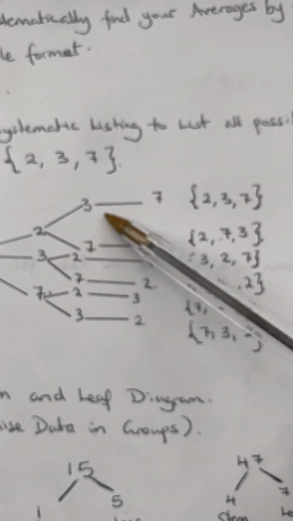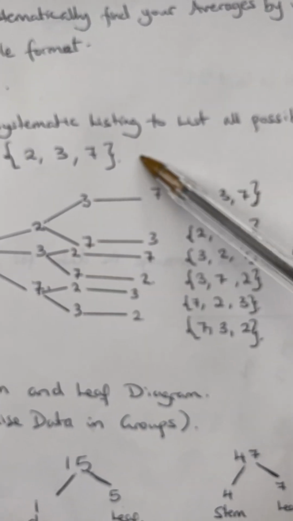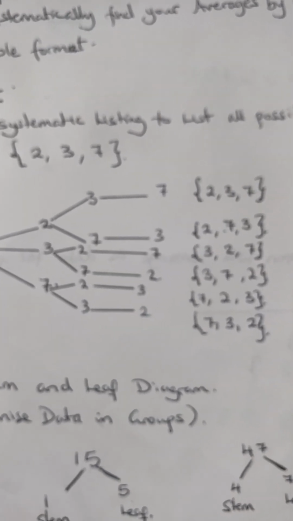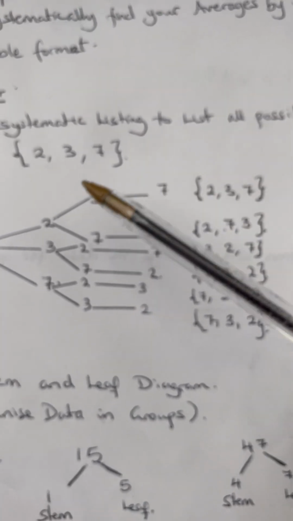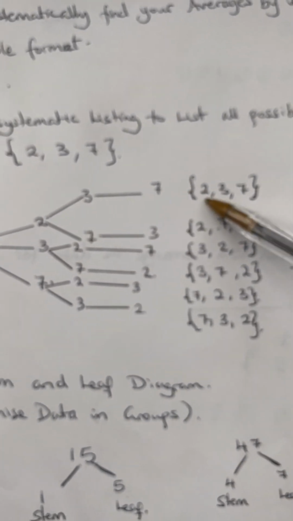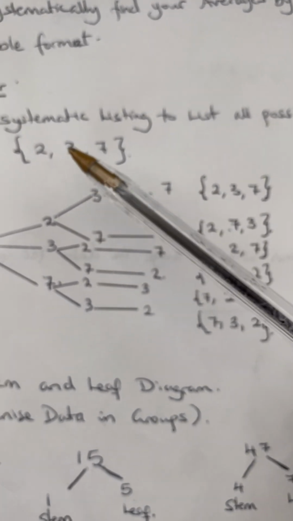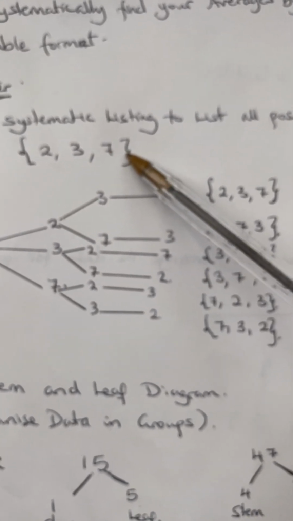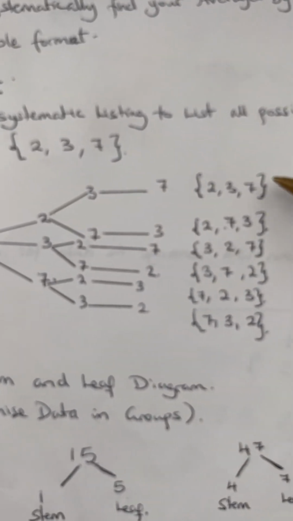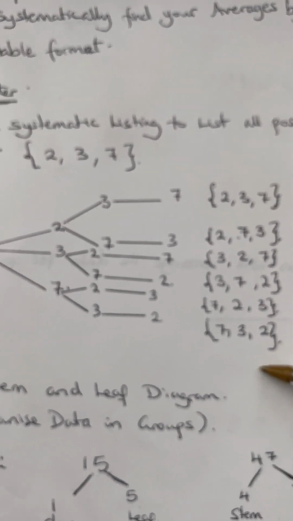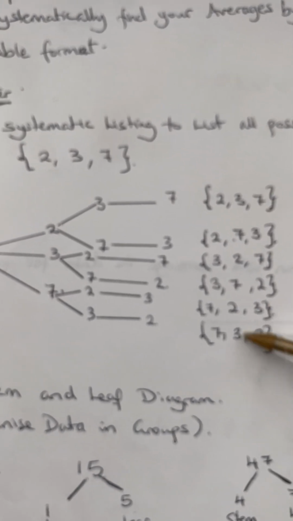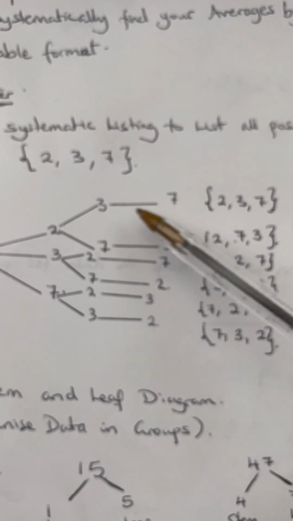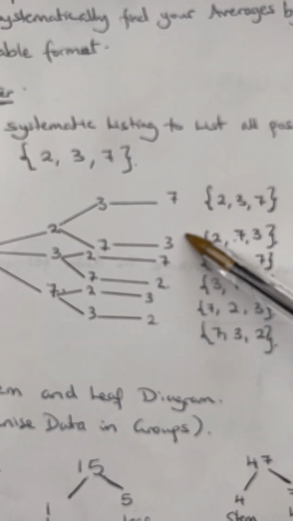If you just want to, then you can go by the table and do the systematic listing. But if the question is asking you how the three are going to occur, this is how you find your total outcome. So you have 2, 3, 7, then 2, 7, 3.